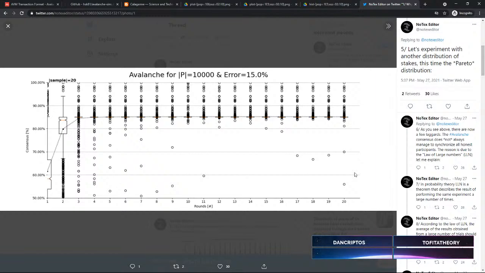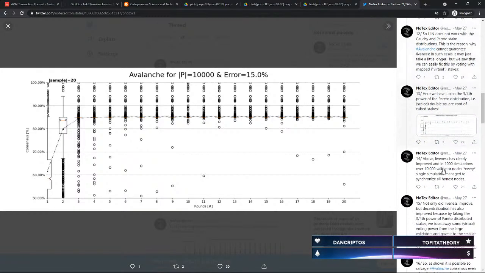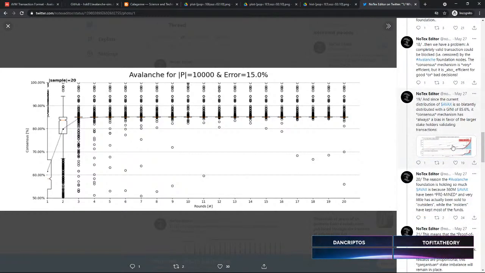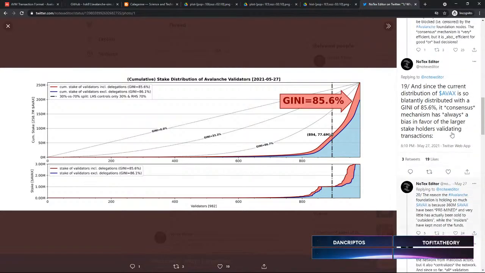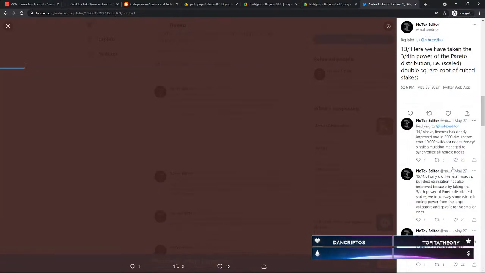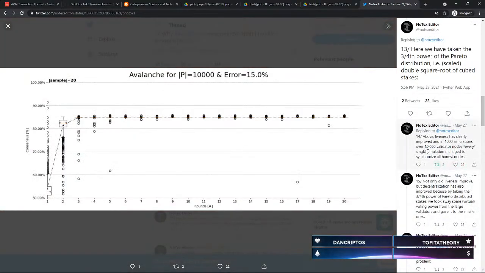But then I actually fed in the actual distribution which we have today in the network. It's not in the graph. I did it for myself, and that's something else. It's like the uniform distribution. With the distribution we have today in the network, after 3 rounds everything reaches consensus. So I just want to point that out.